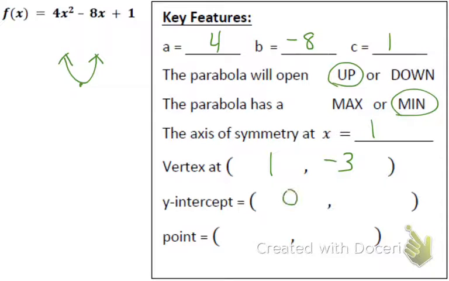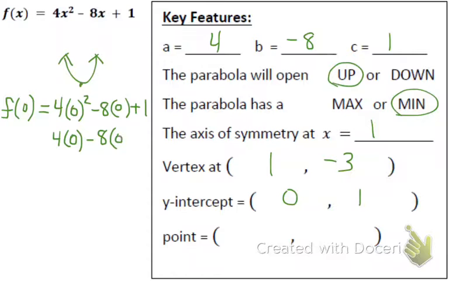Y-intercept is the place where it crosses the y-axis. (0, c). If you put 0 into this function, everywhere there's an x, put 0. Zero squared is 0, 4 times 0 is 0.